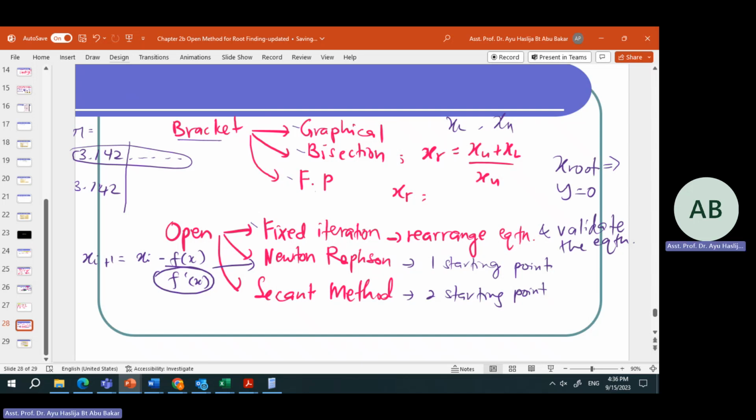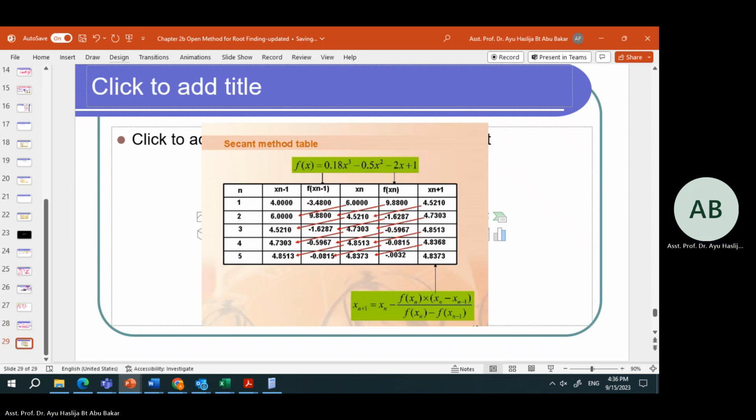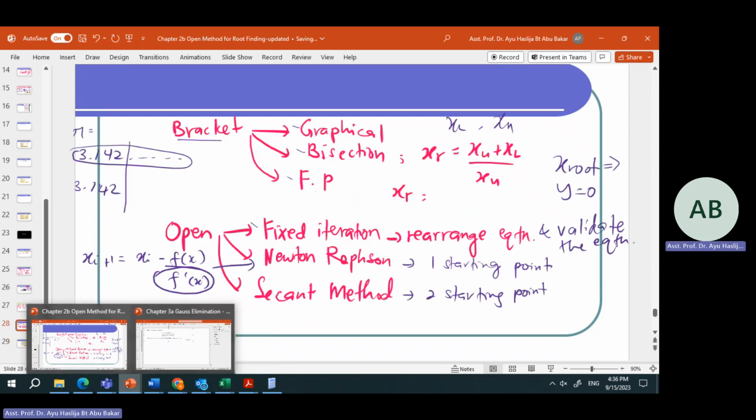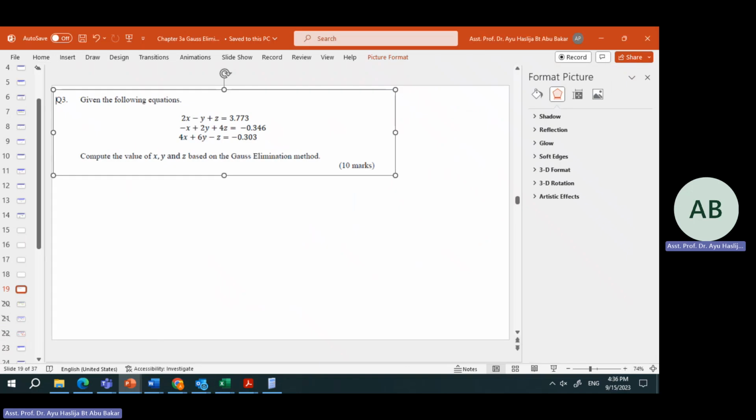Okay, so now I move to chapter 3, which is the Gauss elimination.